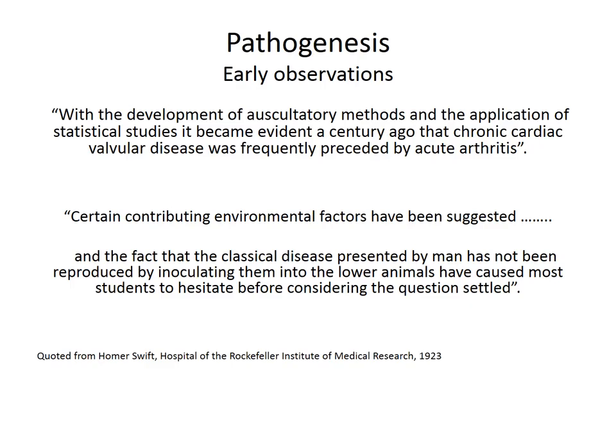And another observation, certain contributing environmental factors have been suggested, and the fact that the classical disease presented by man has not been reproduced by inoculating them into the lower animals has caused most students to hesitate before considering the question settled. And this is actually what's happening today.